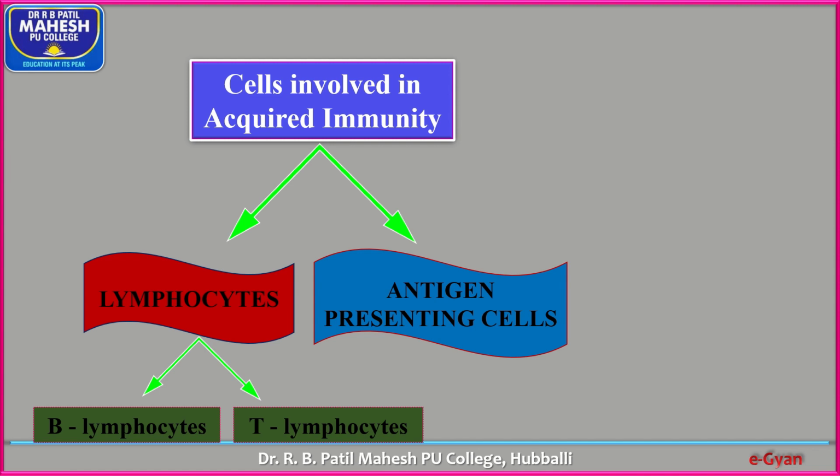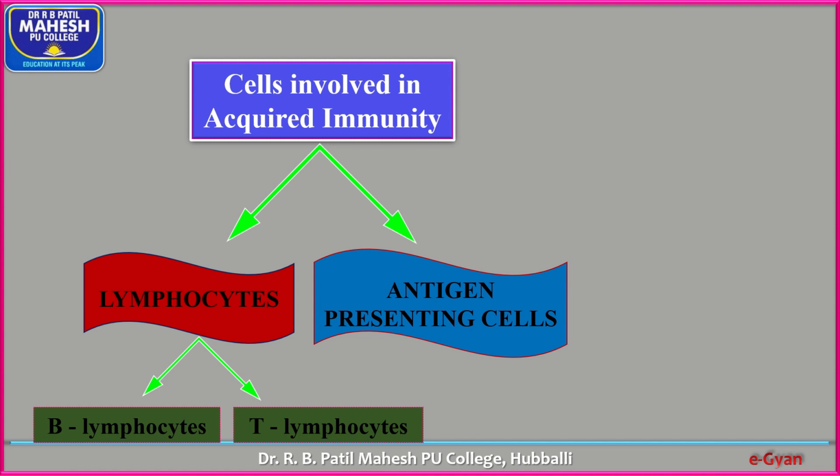The T helper cells especially interact with the presented antigens and become activated, and the activated T helper cells activate B cells and cytotoxic T cells in a specific manner.